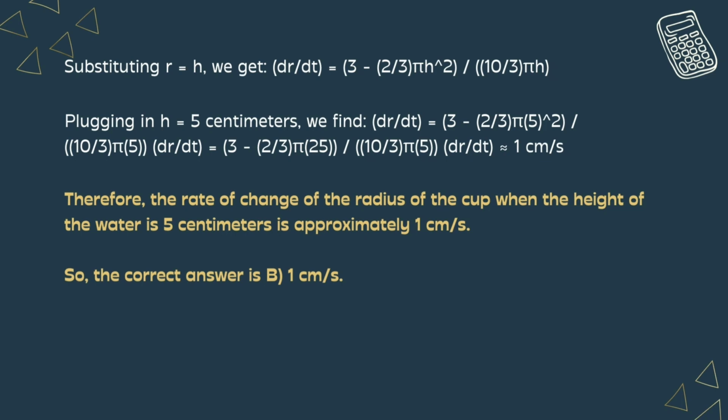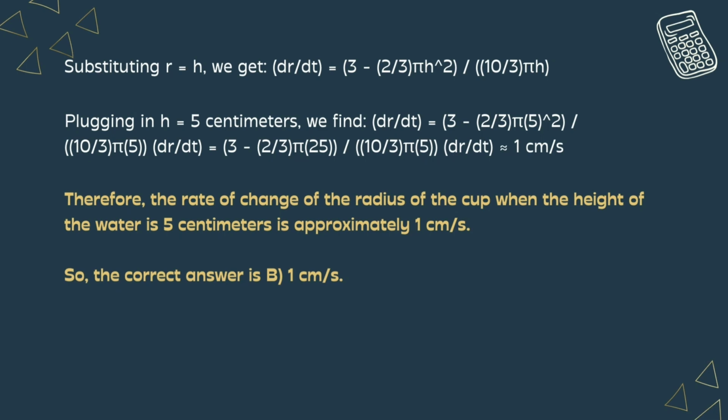Plugging in h is equal to 5 centimeters, we find dr over dt is equal to 3 minus 2/3 pi times 5 squared divided by 10/3 pi times 5, which is 3 minus 2/3 pi times 25 divided by 10/3 pi times 5. dr over dt is equal to 1 centimeter per second.